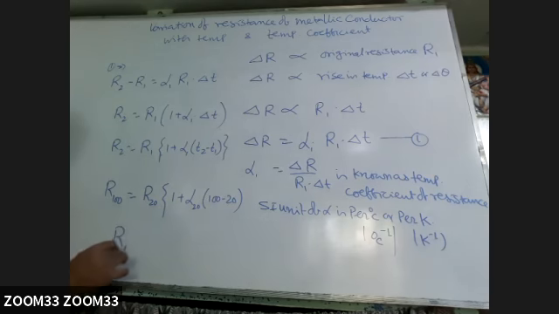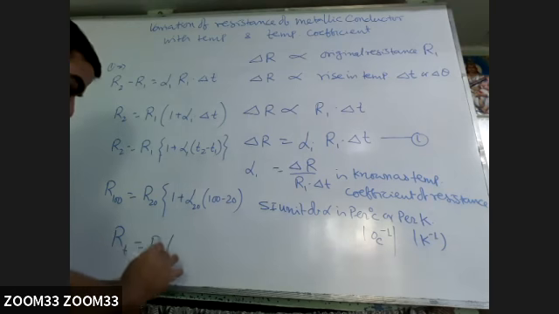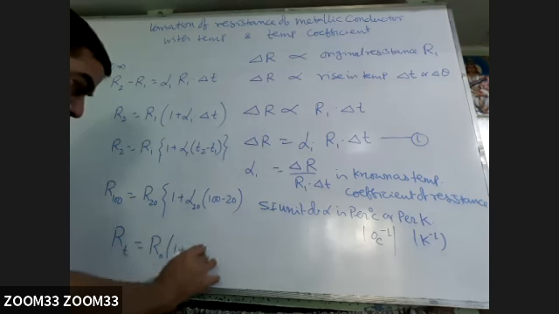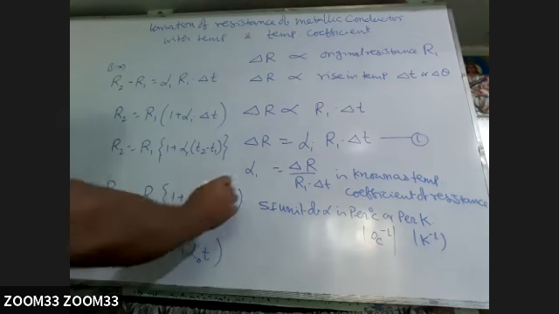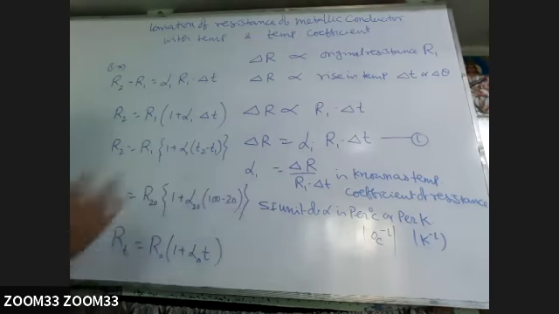If you are given T degrees Celsius and the reference is 0 degree, then it is 1 plus alpha T minus 0, that is T only. This alpha should be at 0 degree only. So if the value of alpha is given at a lower temperature, whatever it may be, you can use this relation.